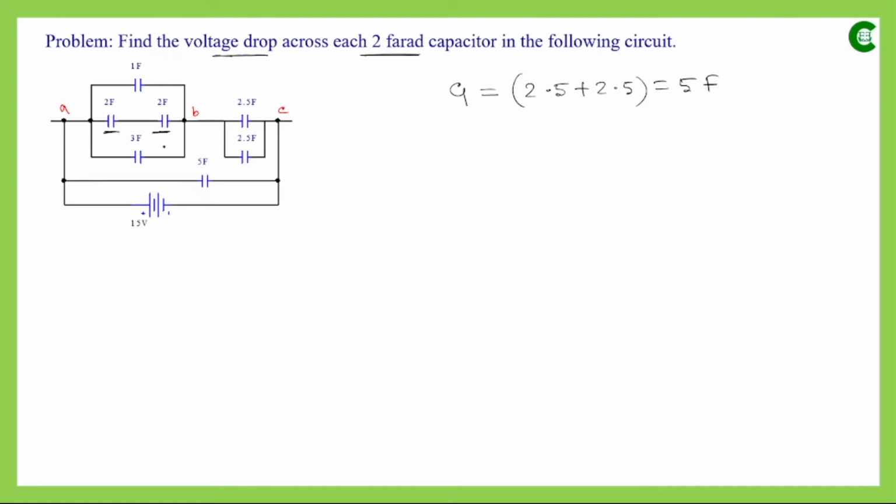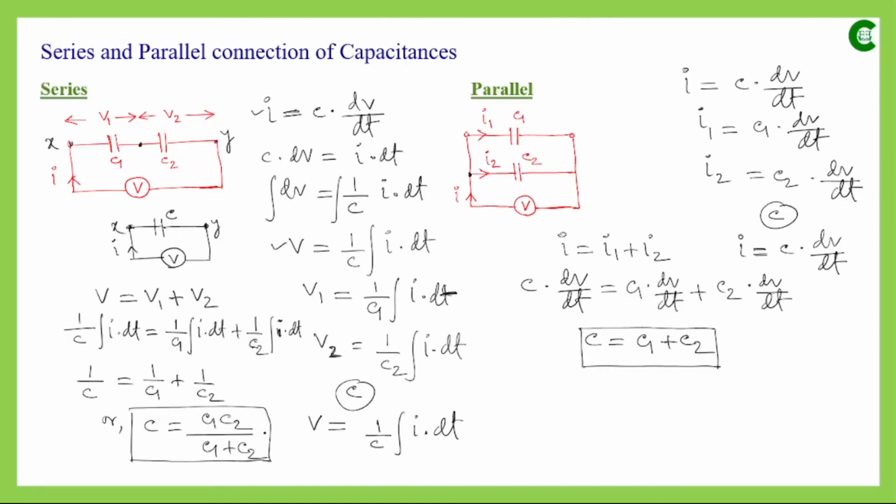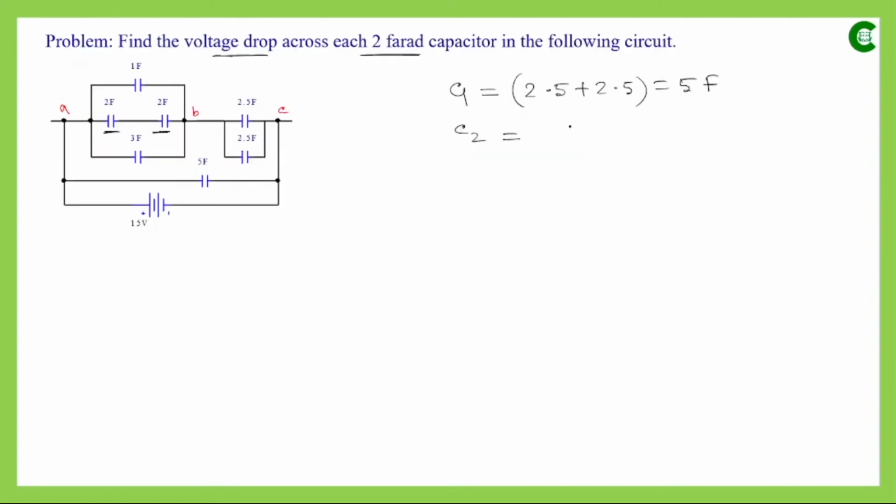Now if we assess this part of the circuit, then we can see here these two capacitors are connected in series. So if we assume the equivalent capacitance value is C2, then it will be this formula: multiplication of their individual values, so 2 multiplied by 2 divided by the summation of their individual values, so it will be 1 farad.